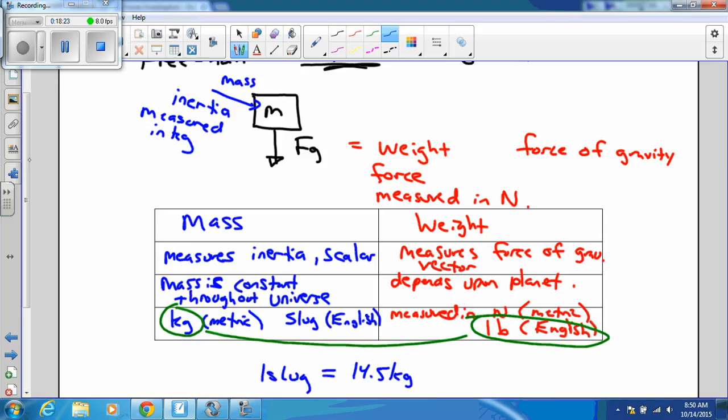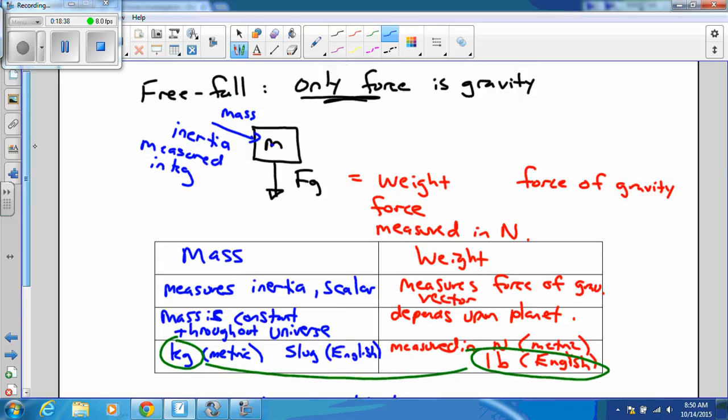Well, okay. So, does everybody understand the distinction here between mass and weight? Put it simply, mass goes in your object on the free body diagram. Weight is a force that shows up as a force in the free body diagram. That's the takeaway. Now, back to our free fall object.